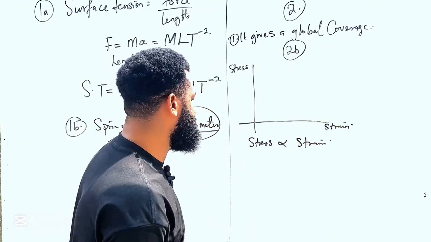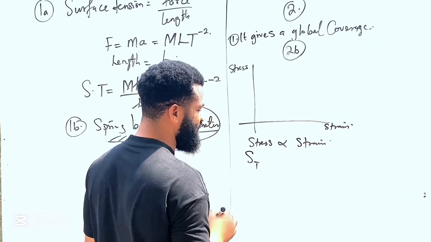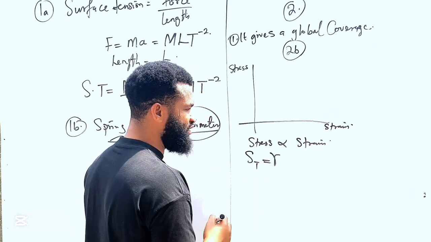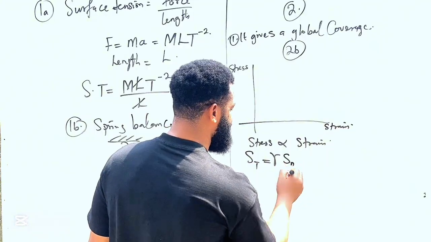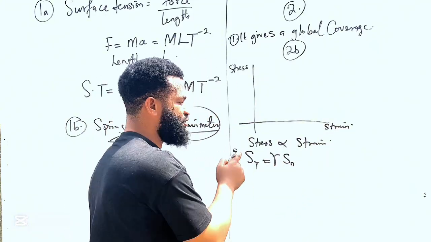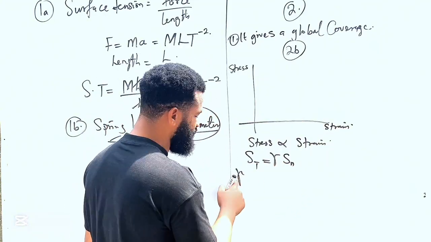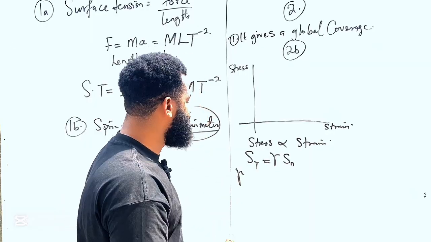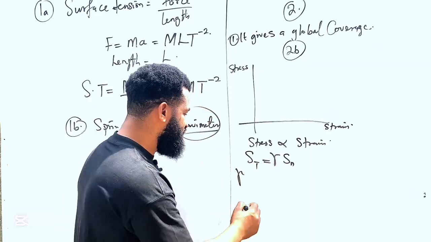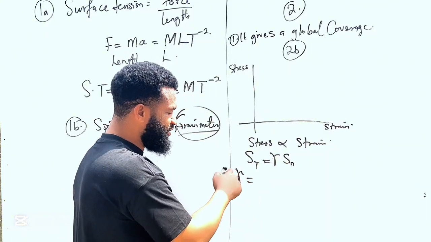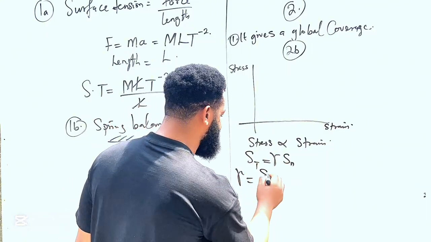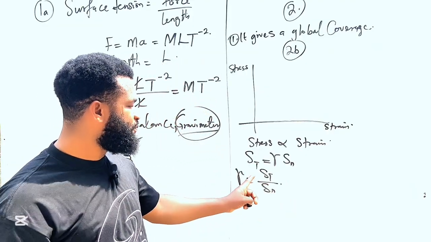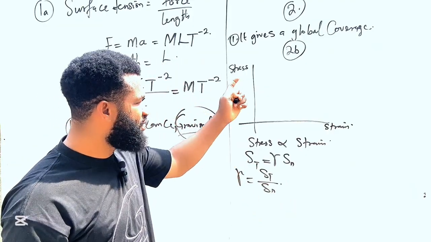If I remove this proportionality, I'm going to say that stress, let me use S sub t, is equal to a constant times S sub n. This is strain, this is stress. This constant is called the constant of proportionality between the stress and the strain. If I make this constant the subject, we have tensile stress over tensile strain.